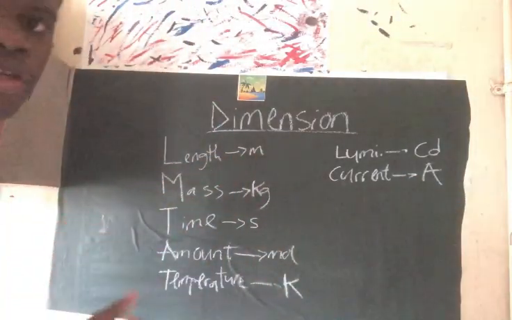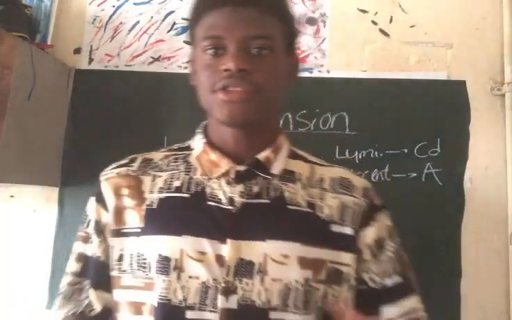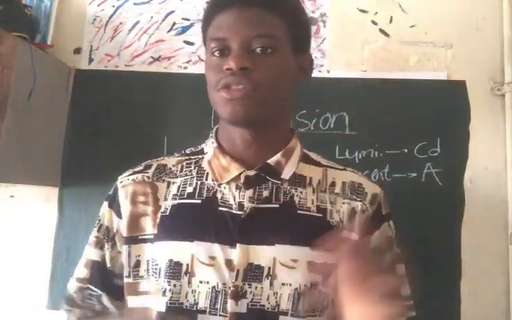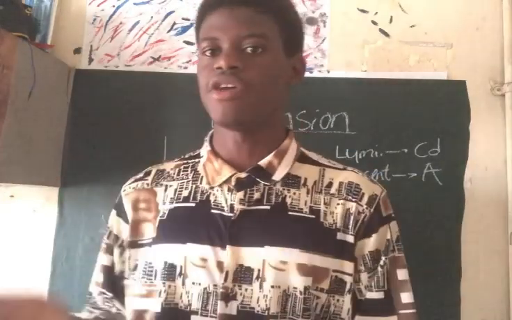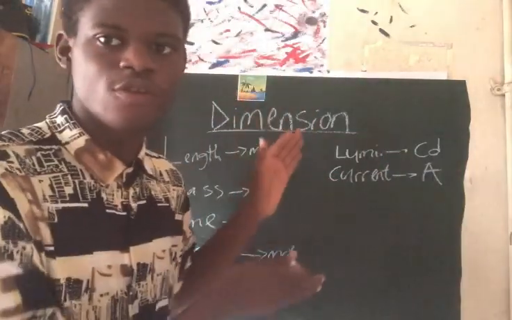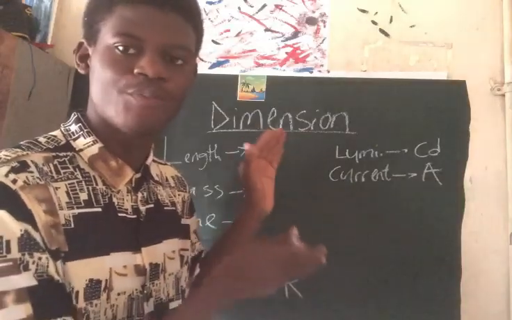Hope you can see the board. So all other quantities like maybe force, pressure, volume, area, those ones are derived because they depend on these 7 basic quantities.